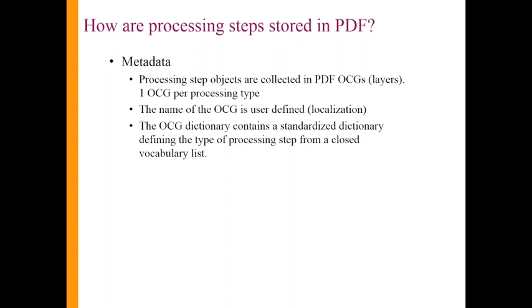That's nothing new. That's not typical for processing steps. That could have been done in the past just as well. And what is also not changed compared to the previous situation is that the name of the optional content group can be user defined and can be localized, because it's presentation layer.